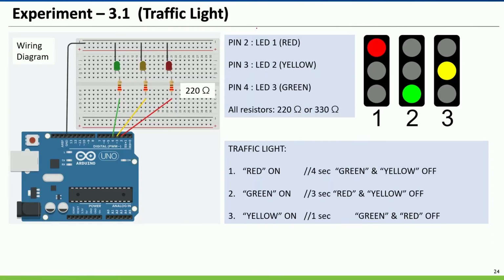Okay, now we move to the traffic light experiment for LED. In this wiring diagram, we use pins 2, 3, and 4.